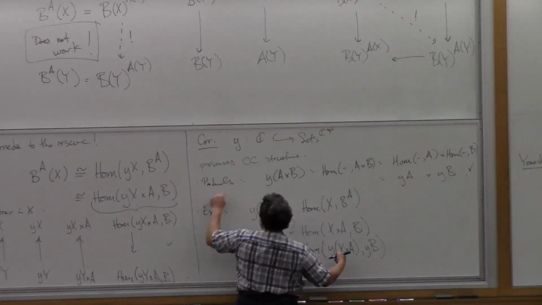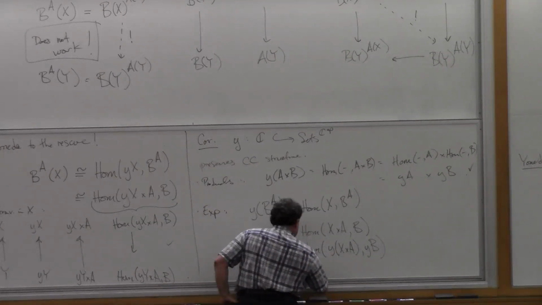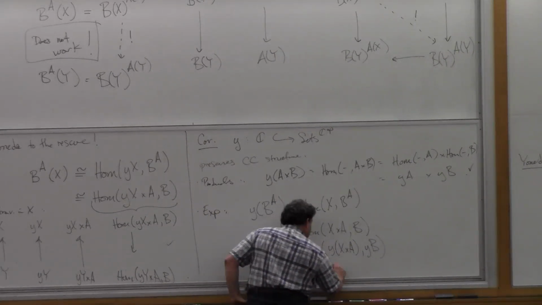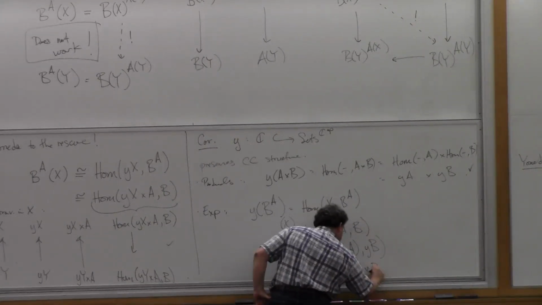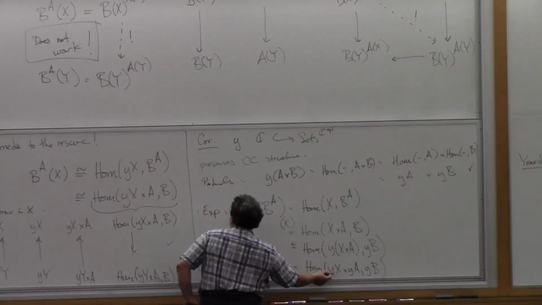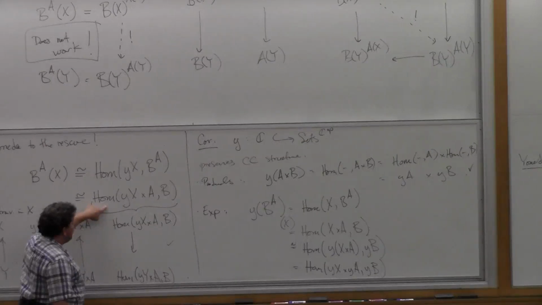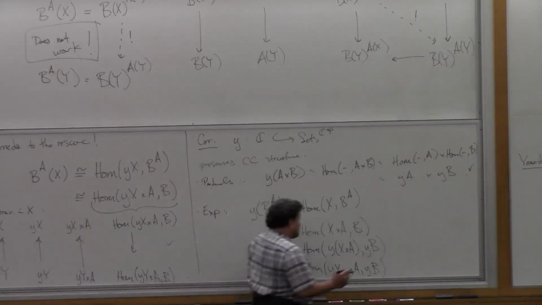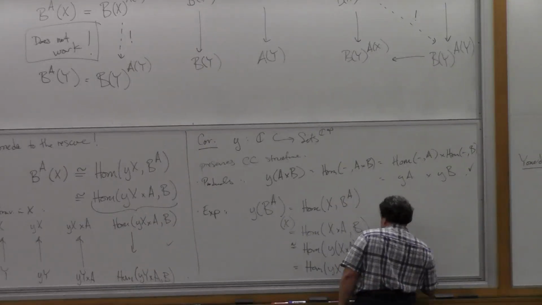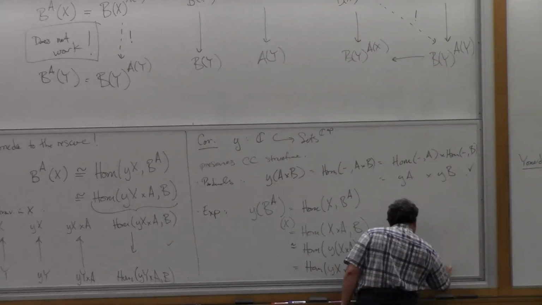And now by the first part that we just checked, this y distributes over x cross A. So that gives us Hom(yx cross ya, yb). But hey, look at that formula. That's this formula for the case that this thing is ya and this is yb. So that is exactly y to the b, y to the a applied to x.